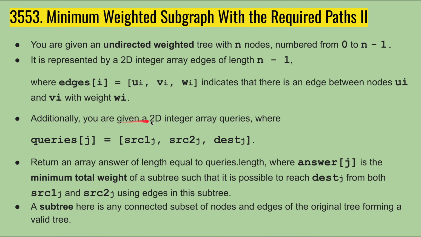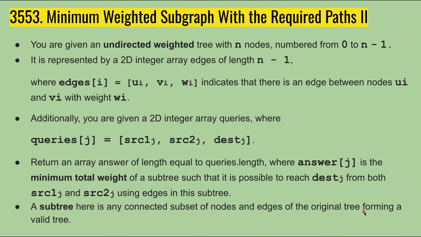Additionally, you are given a 2D integer array queries, where queries at J means source 1, source 2, and a destination. We have to return an answer of length equal to queries.length, where answer at J is the minimum total weight of the subtree such that it is possible to reach the destination from both source 1 and source 2 using the edges in this subtree. A subtree is any connected subset of nodes and edges of the original tree, forming a valid tree.